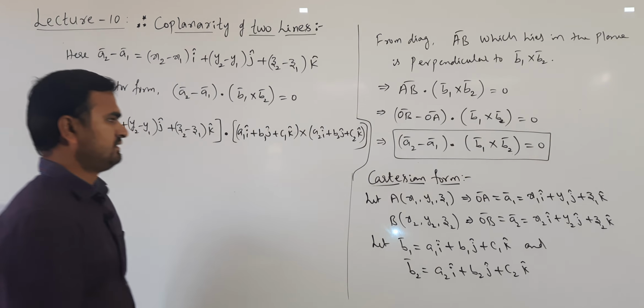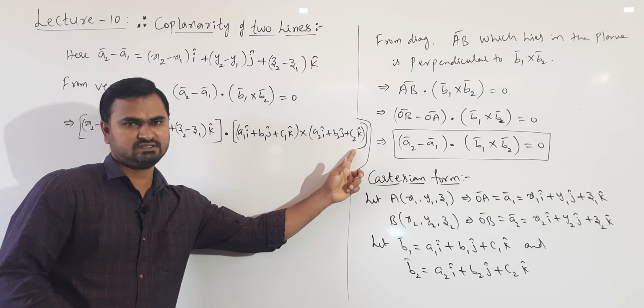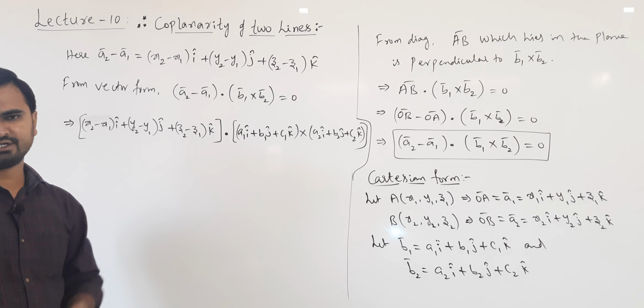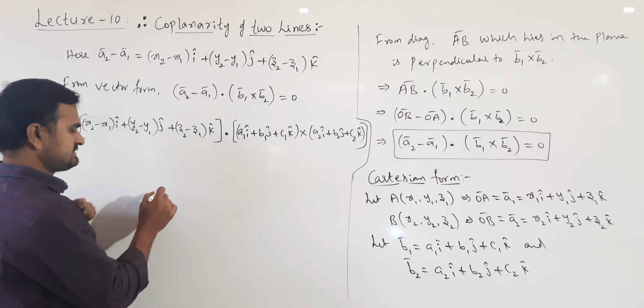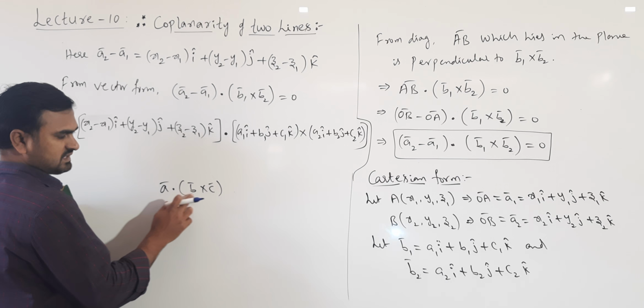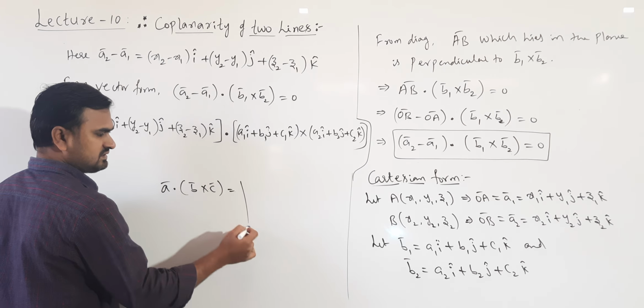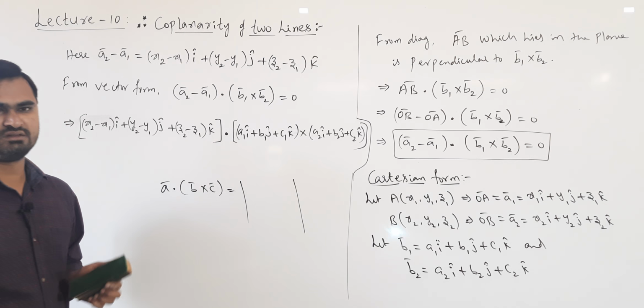Now how to take this product? Observe, it is in the form A bar dot B cross C. It is what? A scalar triple product. We have discussed the formula to evaluate this scalar triple product. A bar dot B cross C is written as the determinant of components of the first vector, then components of the second vector, then components of the third vector.